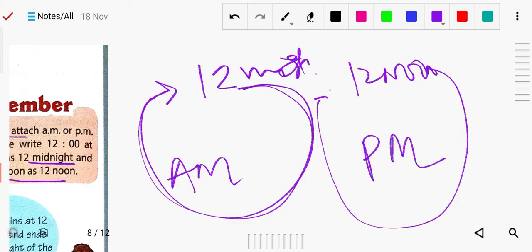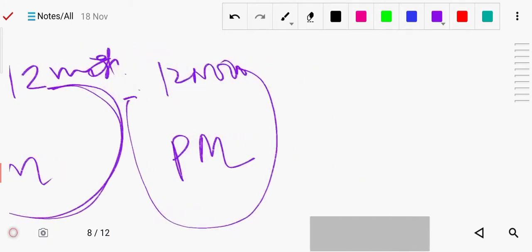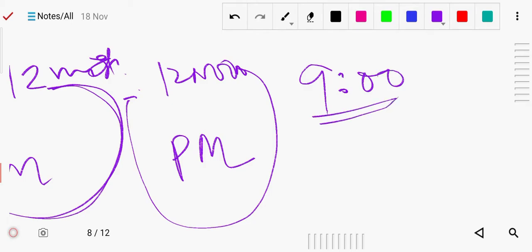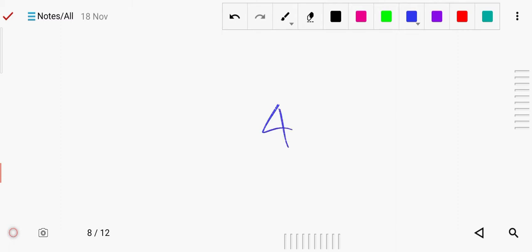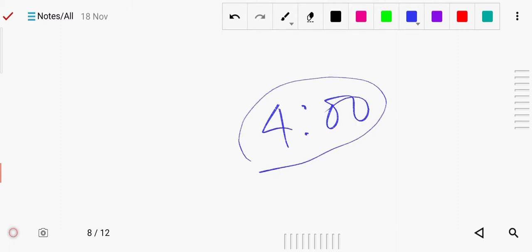Just have a quick example. Suppose I say 9 o'clock morning. Which will it be, AM or PM? Of course, morning means AM. Suppose I say 4 o'clock evening. Evening means after 12 noon, so this is 4 PM.